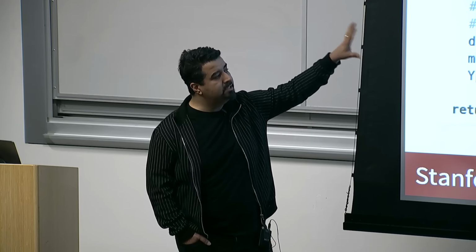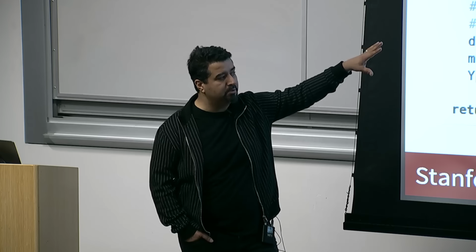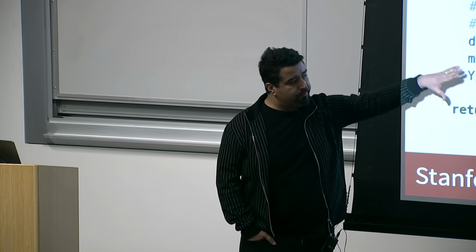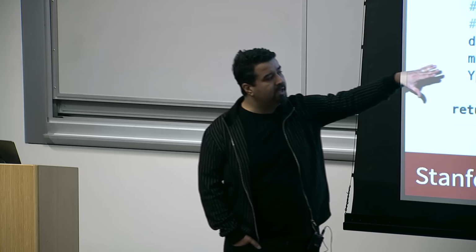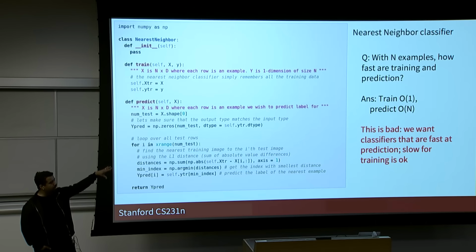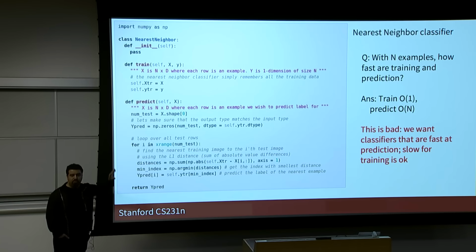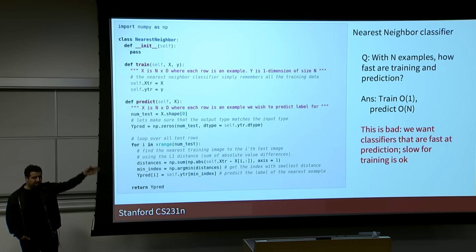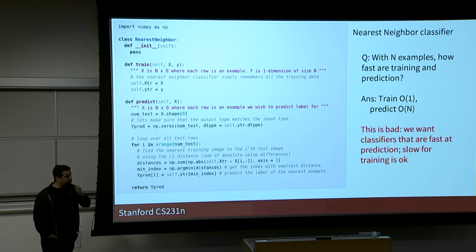For very simple problems, we used to be using these types of approaches. So what we often want is to build classifiers that are fast during prediction. They do it much faster, but it's okay if they take a lot of time during the training, because that could be done offline.